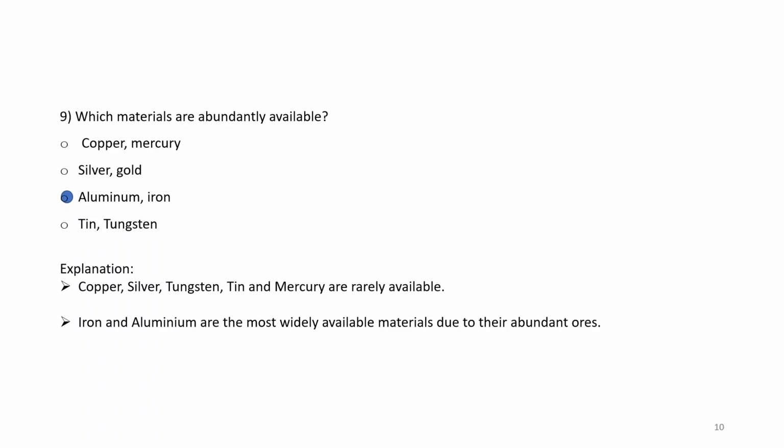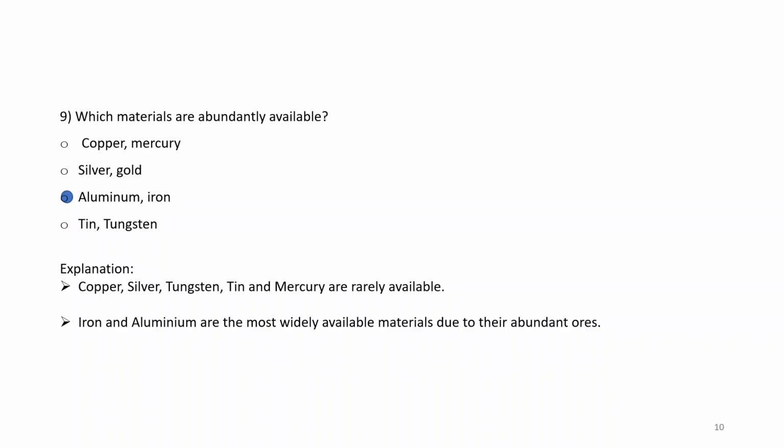The next question is, which materials are abundantly available? Your options are copper, mercury, silver, gold, aluminum, iron, or tin, tungsten. Out of these, the third one would be the correct option. As I told earlier, in the earth's crust you have abundant amounts of silicon, aluminum and iron.